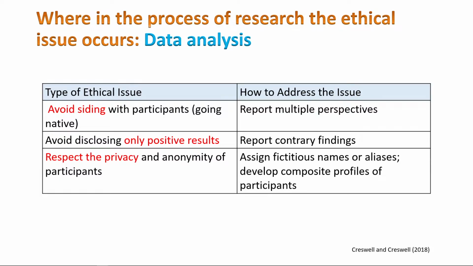So guess what? These contradictory findings, if you hide them, that is stupid. You know why? Because later on somebody else will come and discover this, and then they will know that you did something wrong.